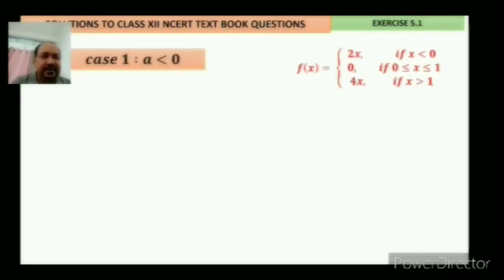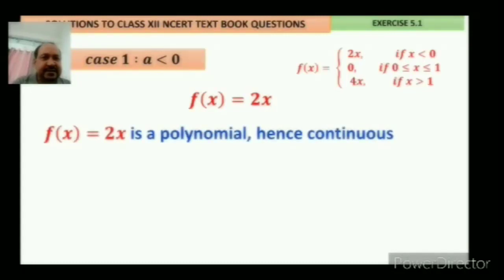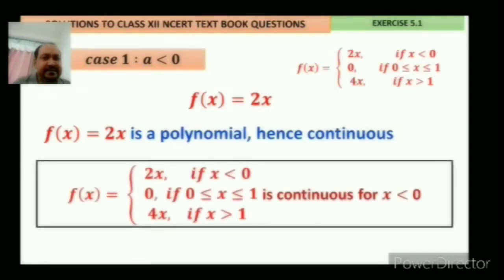For case 1, when a is less than 0, the value of the function f of x equal to 2x. F of x equal to 2x is a polynomial function, therefore it is continuous. So it is continuous at x less than 0.